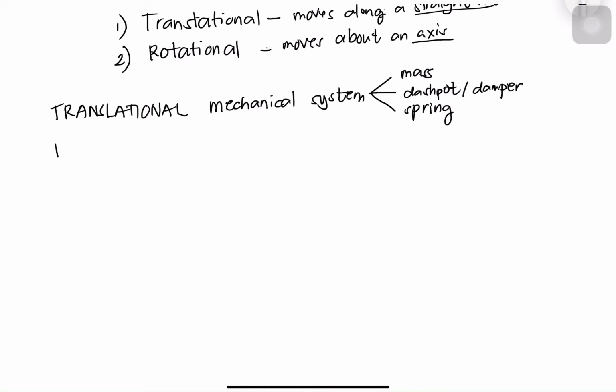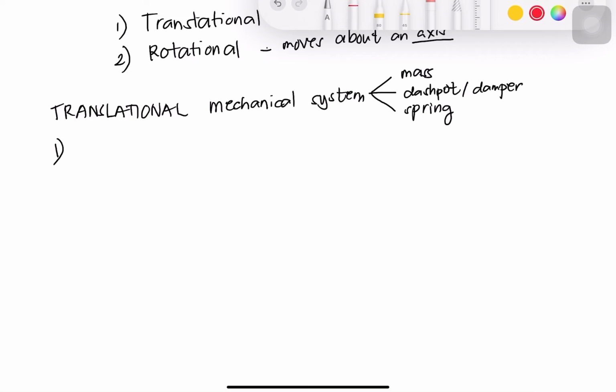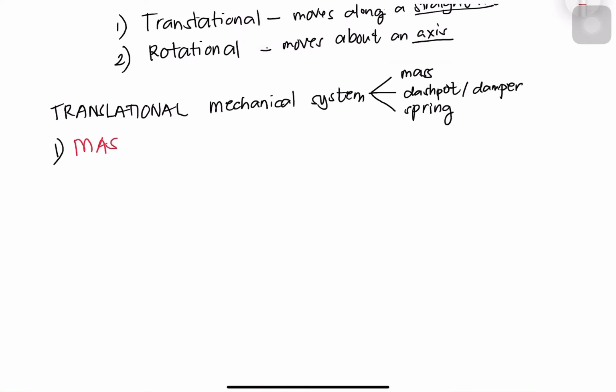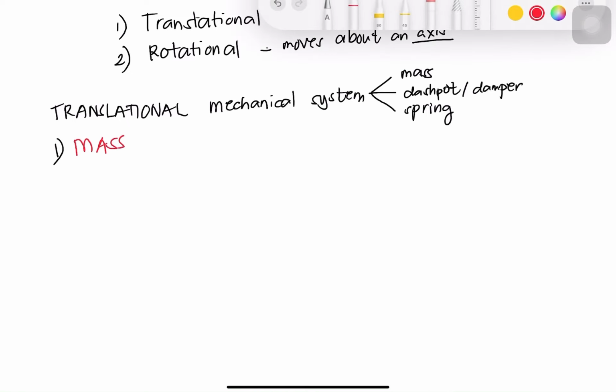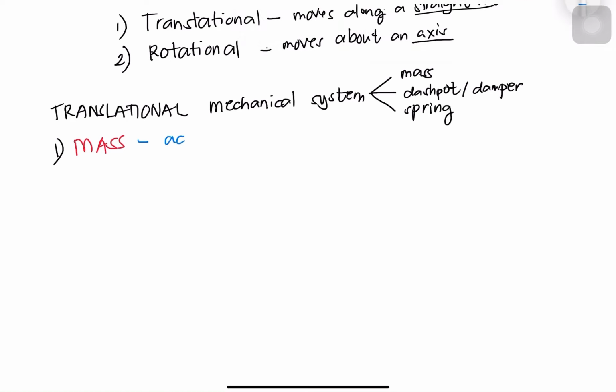So what is mass? So, mass is a function of acceleration. So let's try to draw a system that involves mass. Okay, so this is the mass. This is a reference point or a steady reference point.